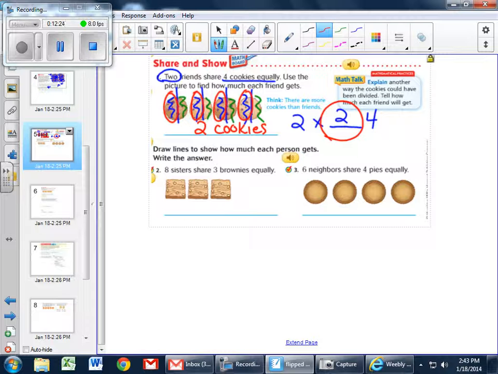Okay? Now you're going to do number 2 and 3. It says draw lines to show how much each person gets. Write the answer. Okay, so they want you to draw the lines like I did up here. 8 sisters share 3 brownies equally, and 6 neighbors share 4 pies equally.